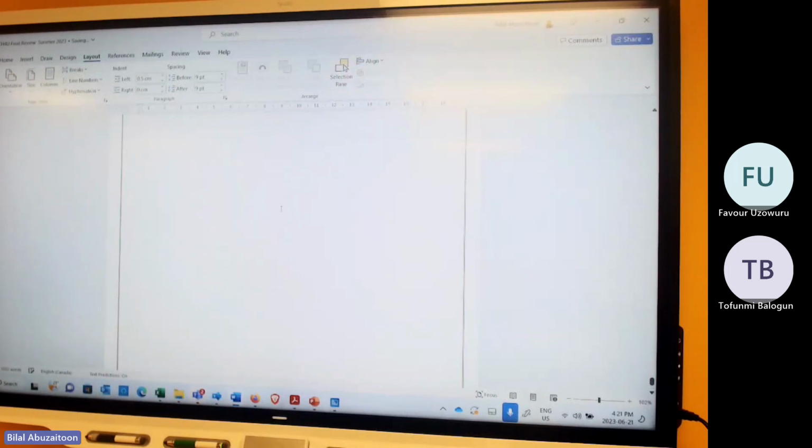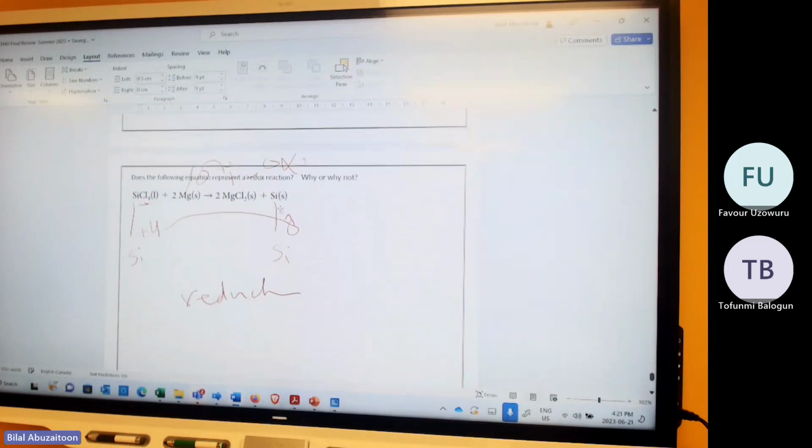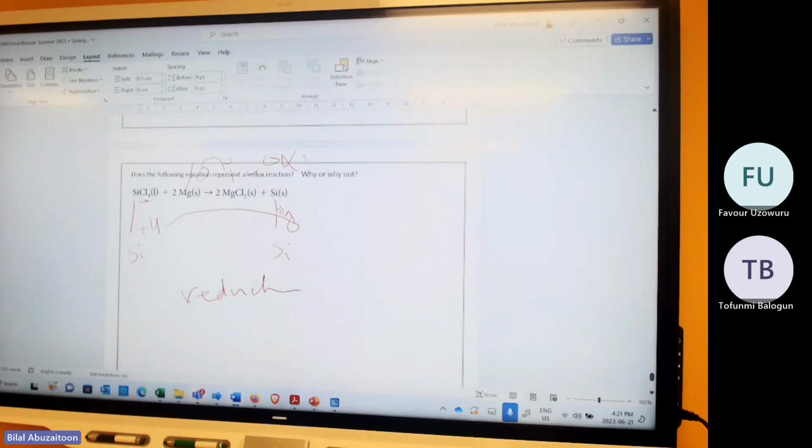How is the charge different in the reaction? The silicon was +4. It gained electrons from the magnesium. Magnesium was 2, silicon is 4. But look at the MgCl2, 2 of them and 2 magnesium.